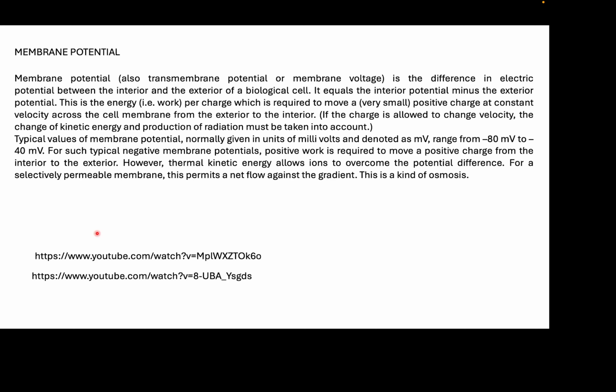So let's break down the definition. The membrane potential is equal to the interior potential minus the exterior potential. This is the energy, the work per charge, required to move a very small positive charge at constant velocity across the cell membrane from the exterior to the interior.